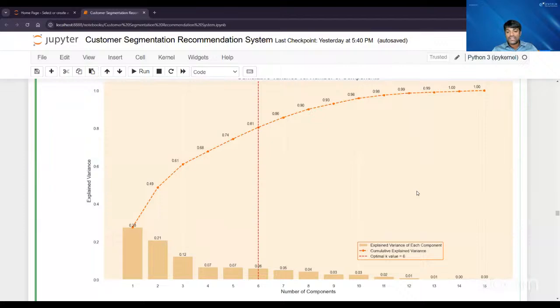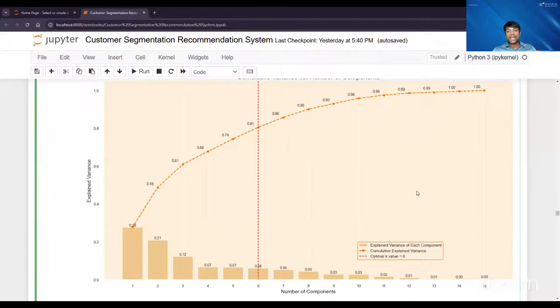If you see here, there is an optimum value of k, which is 6, where both curves are passing by. Now, how much is getting explained? If you take the first six components, it is explaining about 81% of the data.